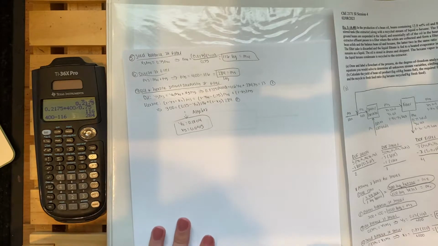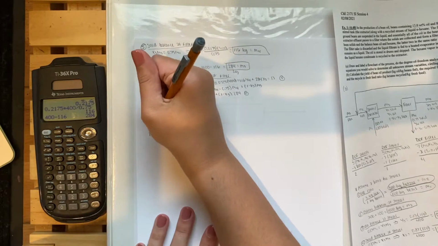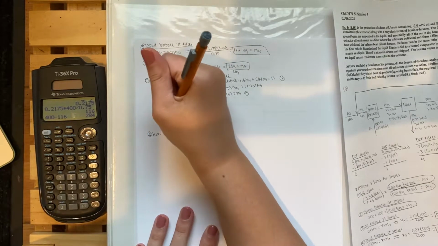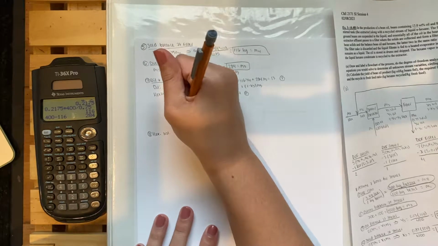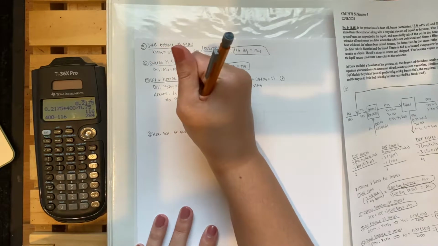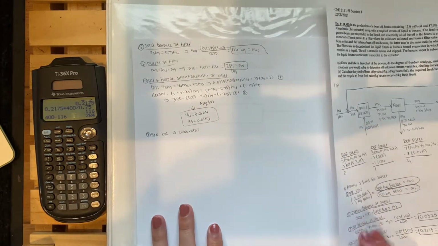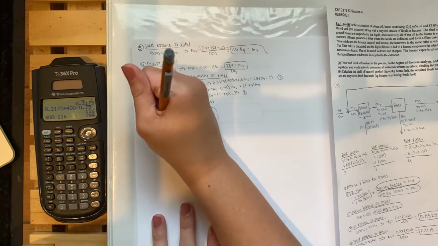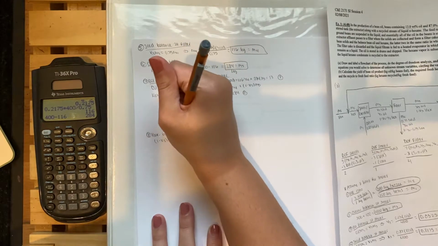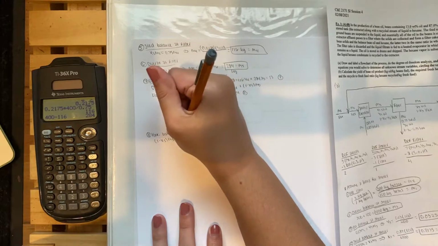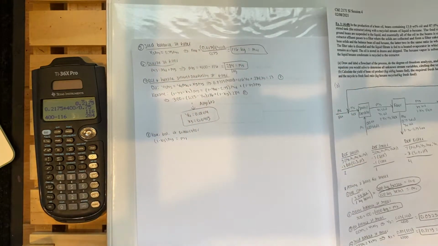Now what we're going to do is a hexane balance at the evaporator. And that hexane balance at the evaporator is going to look like 1 minus x5 times m5 is equal to m7. And we know x5, we know m5.